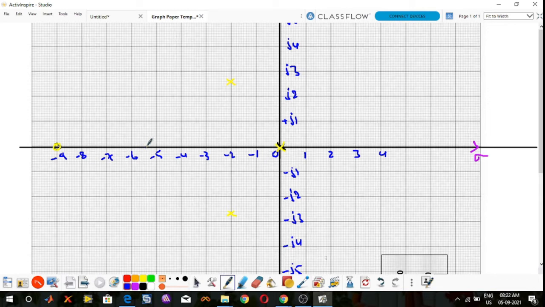To the right of this test point, count the total number of poles and zeros. This is the right side of the test point.